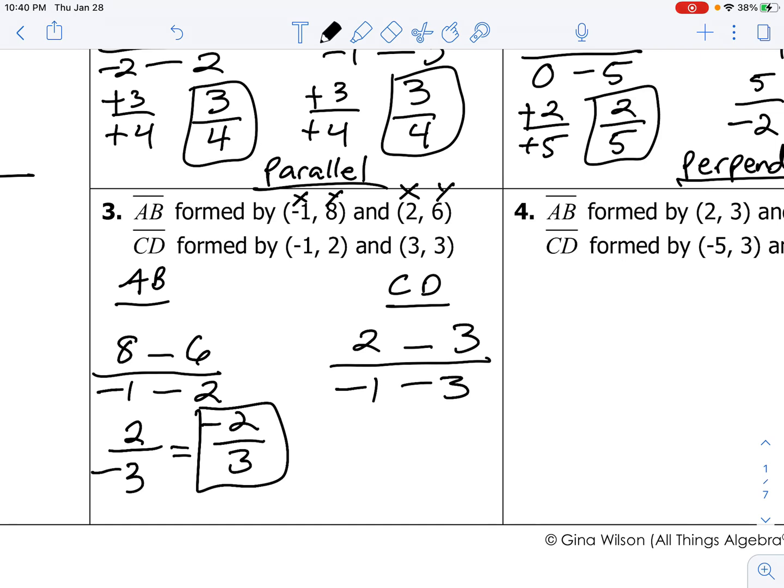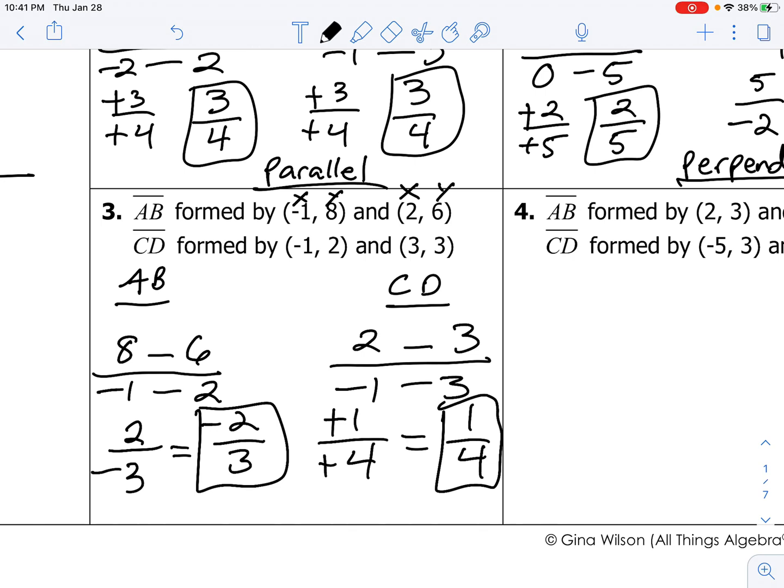So 2 minus 3 is -1, and then -1 minus 3 is -4. Actually, negative over negative is a positive. So on this one right here, we've got +1 over 4.